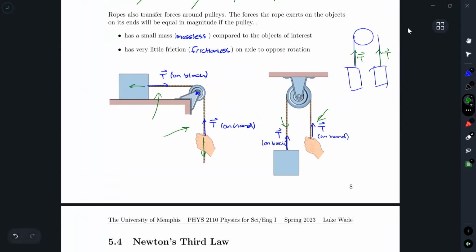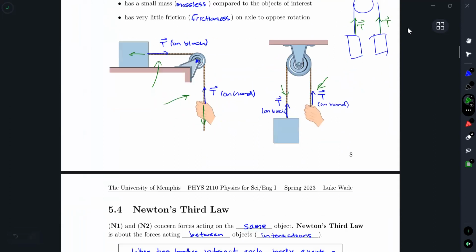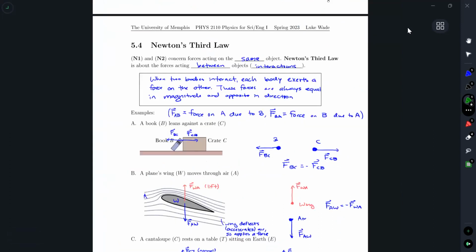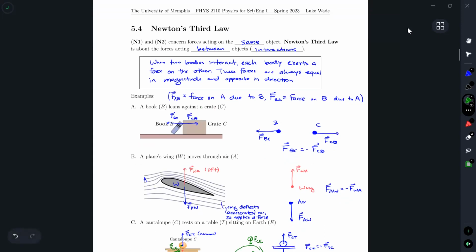If the block's tending to pull left on the rope, then the rope's pulling right on the block, or it could be that we know about the rope pulling right on the block. That tells us the block pulls left on the rope. That's the idea of Newton's third law, is it connects forces acting on different objects in that when one exerts a force on another, the other exerts a force of equal magnitude in the opposite direction on the first object.